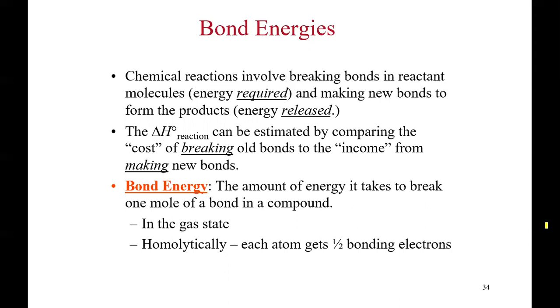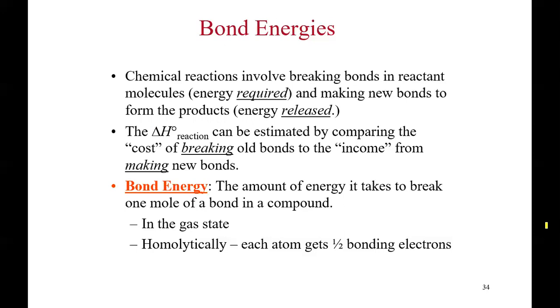It's exothermic. So there is a way that we can use to estimate the enthalpy change of a reaction, or the heat of reaction. We compare the cost of breaking the old bonds, that is the reactants' bonds, to the income from making new bonds.